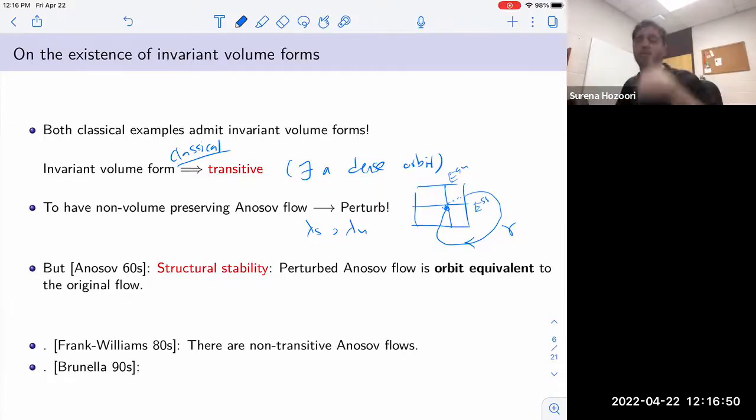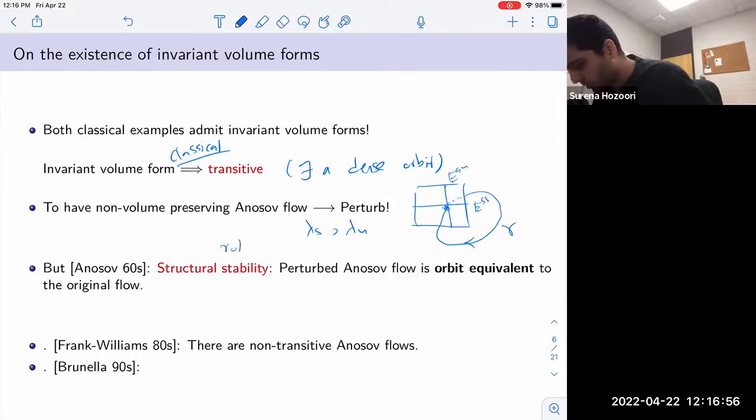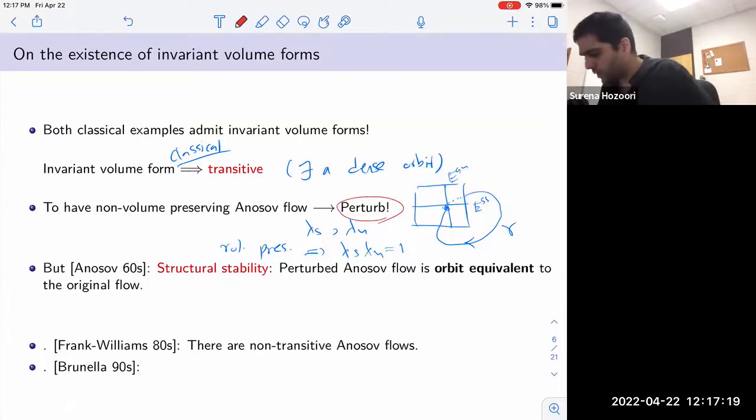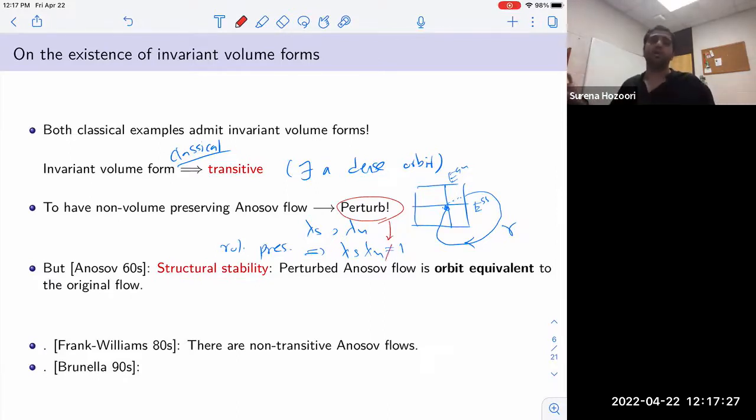Notice that the eigenvectors are again the unstable and stable directions, and volume preserving would imply that the determinant of this Poincare linear map, which is the multiplication of these two eigenvalues, should be equal to 1. So all you need to do to get an Anosov flow which is not volume preserving is simply perturb the flow around this periodic orbit, so that the multiplication of these two eigenvalues corresponding to the unstable and stable direction is not equal to 1. So that flow definitely cannot be volume preserving.